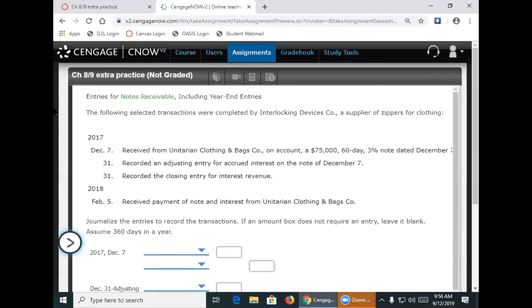So let's look at it. This one says on December 7th, we received from Unitarian Clothing and Bagging on account a $75,000 60-day 3% note. It wants us to journalize these transactions. So on that first one, when I issue the note, what do I debit and credit to issue a note on account?